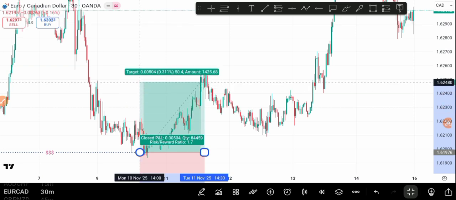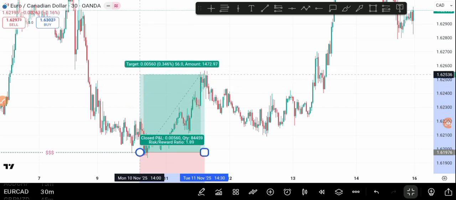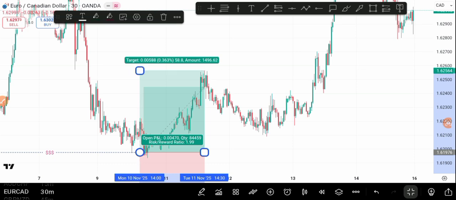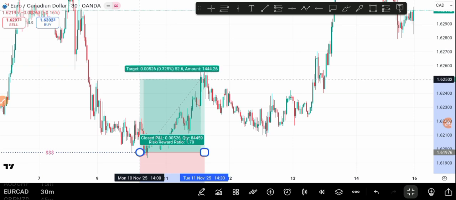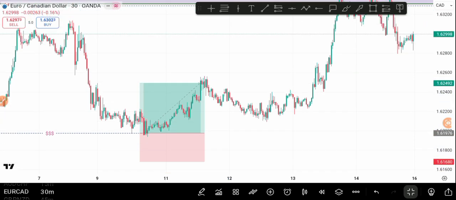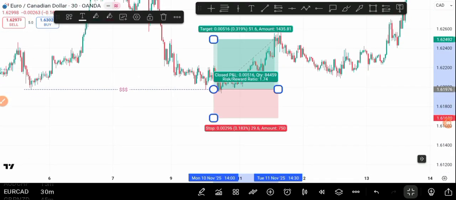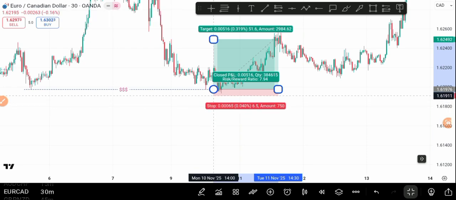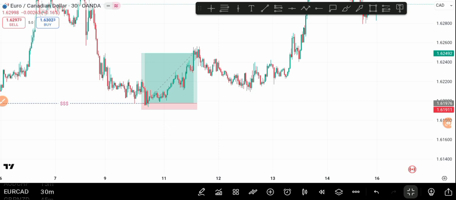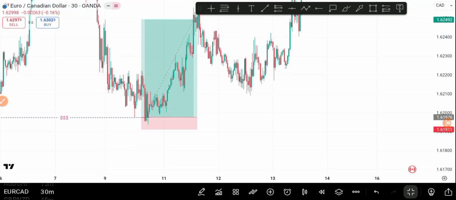And targeting this. Actually I was targeting this place. This eye was my first TP here. And then my stop loss was at this point. Yeah, so it played out, and then I waited for a pullback to take this liquidity.